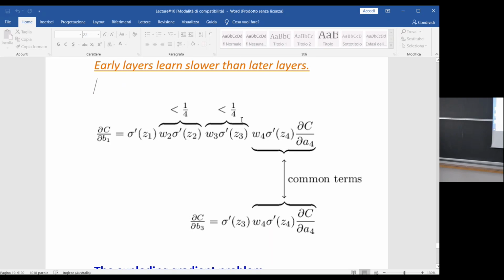That is why this is an exponential function, 1/4 to the power n, where n is the number of layers. So it is absolutely normal that it decreases to 0.